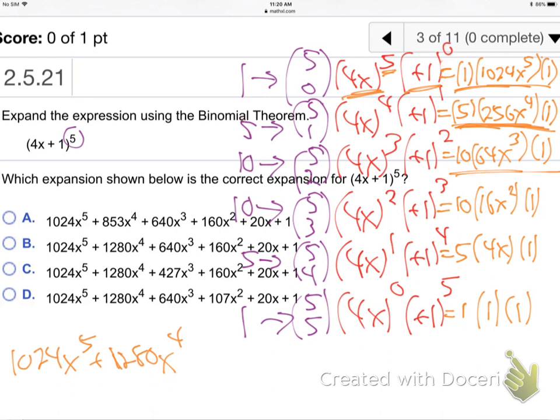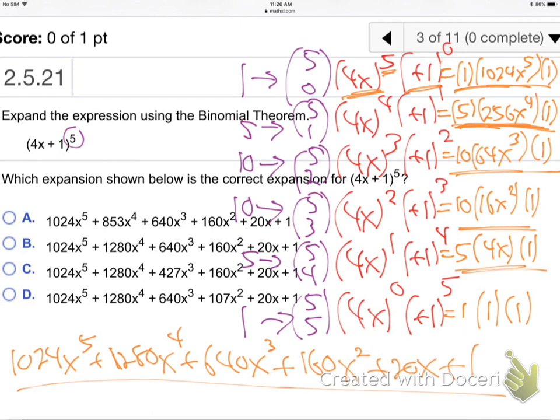That one I can do. 640. Then 640 x to the 3rd plus 160 x squared, 20x and 1. Is that B? Yeah. All right, B it is. We just did that, multiplied 5 times, and there's the answer.